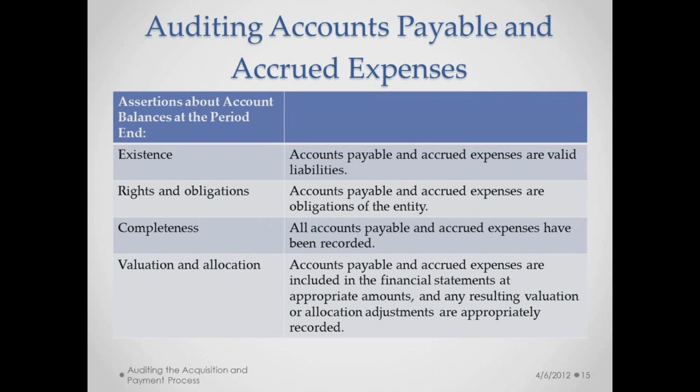Unlike accounts receivable, where the standard requires you to perform confirmations for accounts receivable unless the auditor has a compelling reason not to, that's not the same standard for accounts payable. So an auditor is going to basically look at documentation. You could look at subsequent cash payments, disbursements.